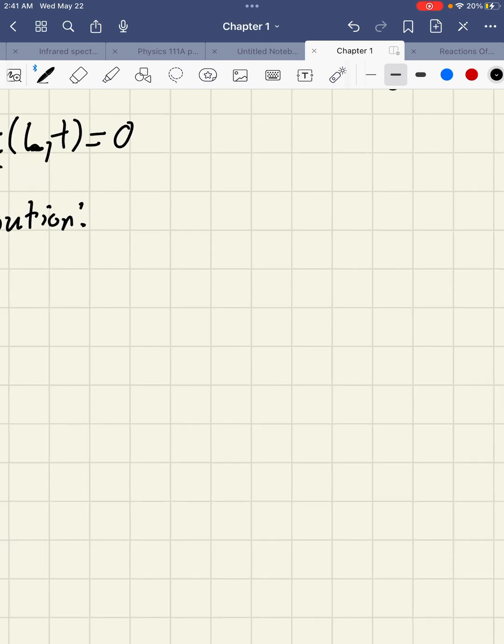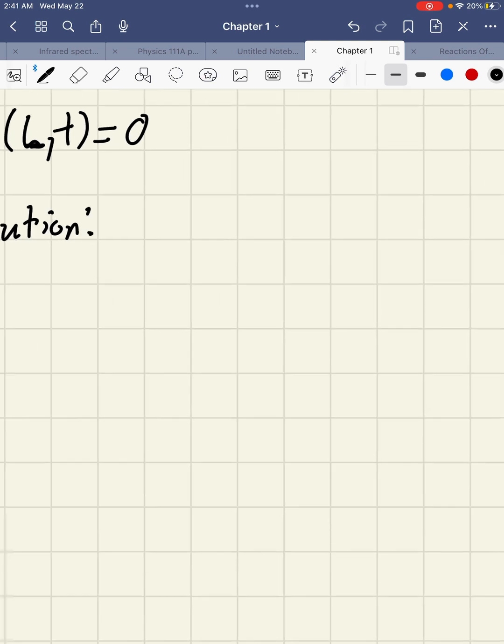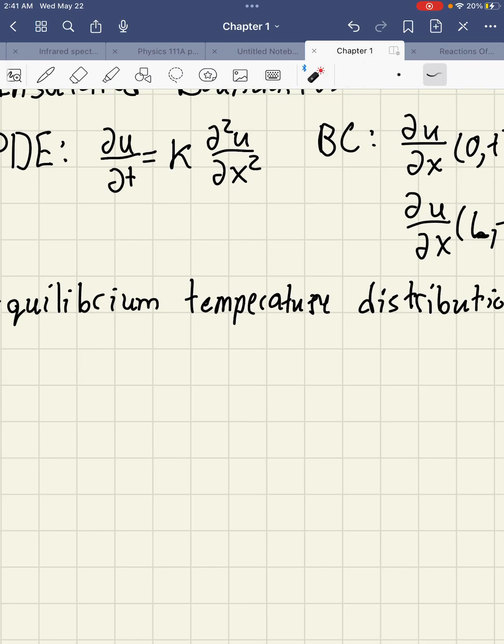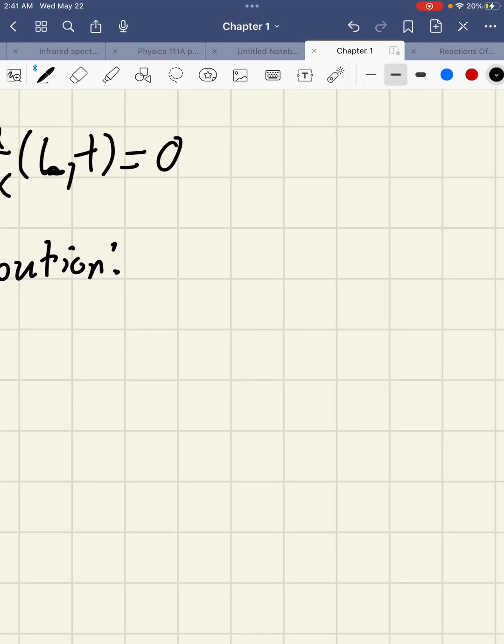So we expect it reaches its steady state. Since at steady state there's no time dependence, that term is 0. Therefore my partial becomes ordinary: d squared u dx squared is equal to 0.